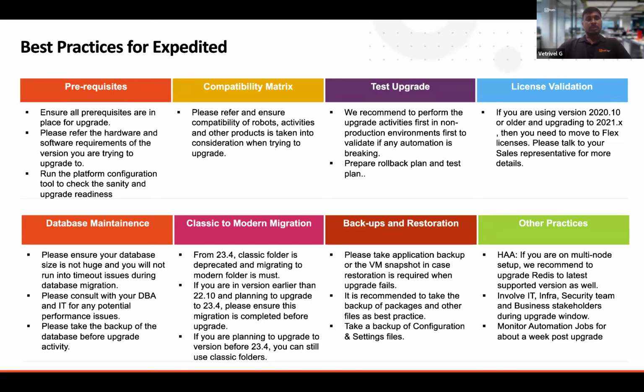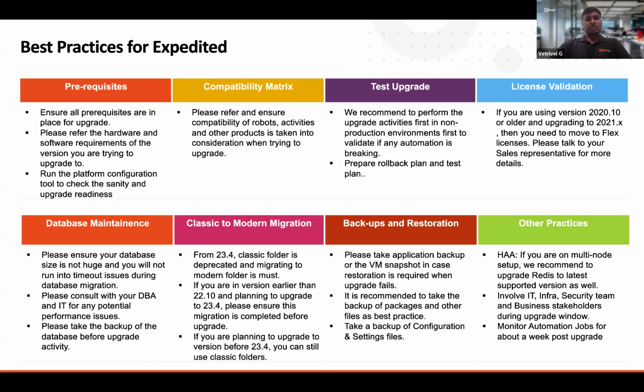For example, you are planning to update the orchestrator from 22.10 to 23.10. If your robot version is 22.10, then you can simultaneously update the robot as well to the equivalent version of the orchestrator. So maintaining the compatibility matrix, you need to make sure your robot and orchestrator are the same version.